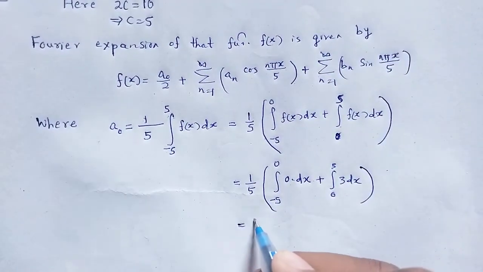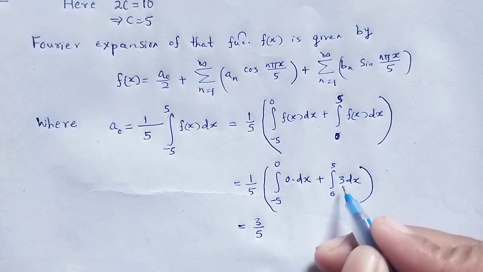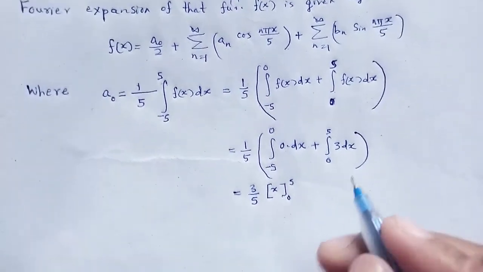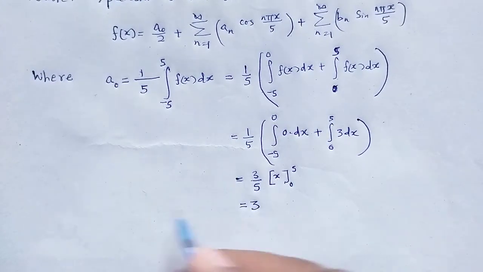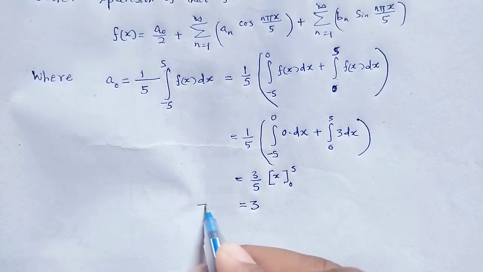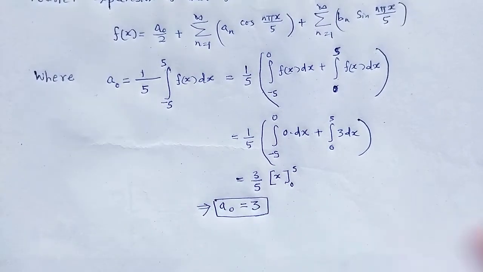That is 3 by 5, x from 0 to 5, that is 5 cancels out, the result is 3, that is the value of a naught. A naught is 3.